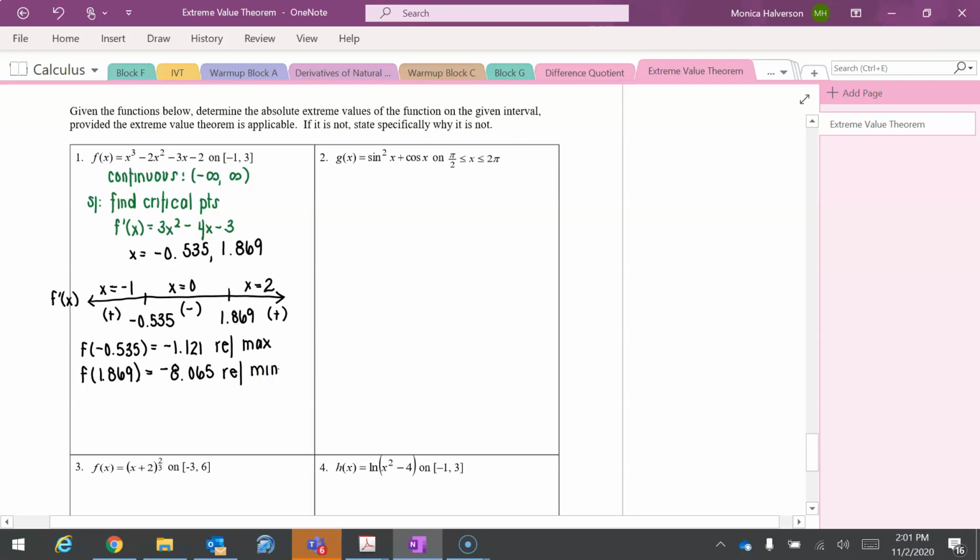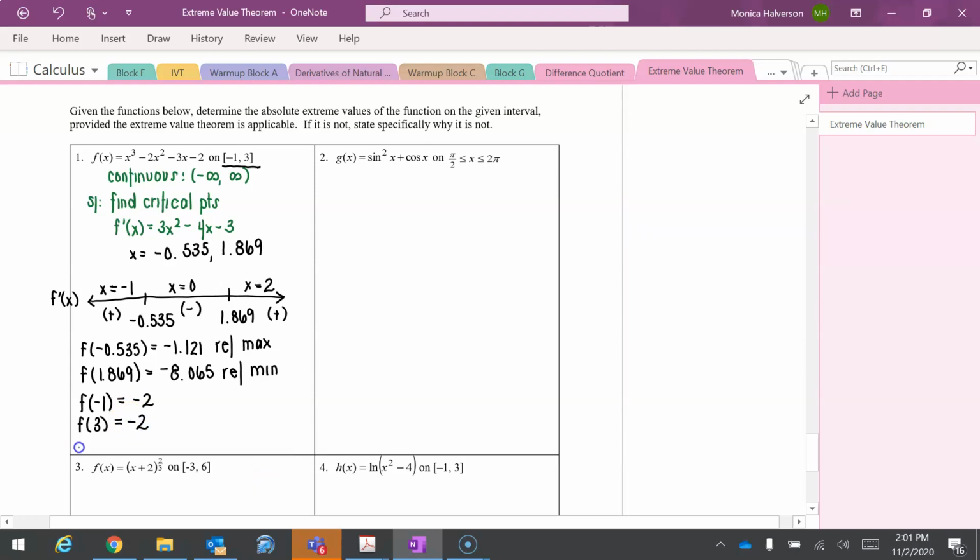But we also have to take into account our endpoints. So we have to find f of -1 and f of 3. And remember, you're plugging this into the original function. So if we find f of -1, we get -2. If we find f of 3, we get -2.